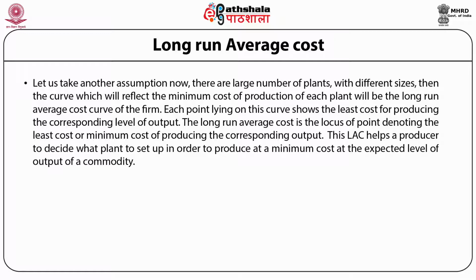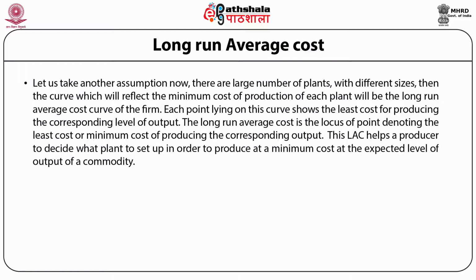Each point lying on this curve shows the least cost for producing the corresponding level of output. The long run average cost is the locus of points denoting the least cost or minimum cost of producing the corresponding output.